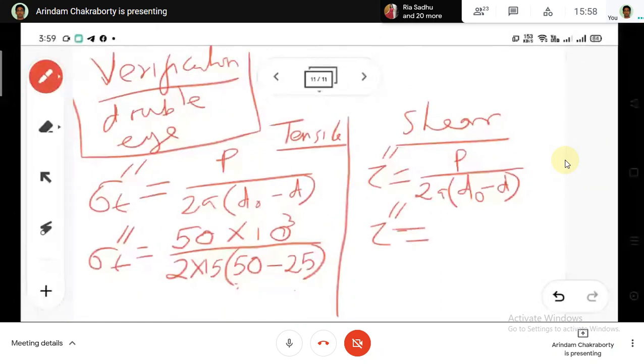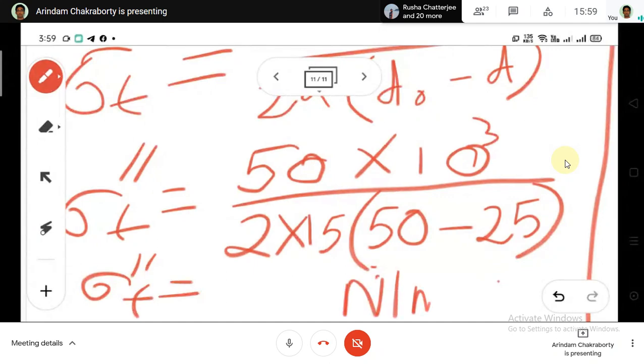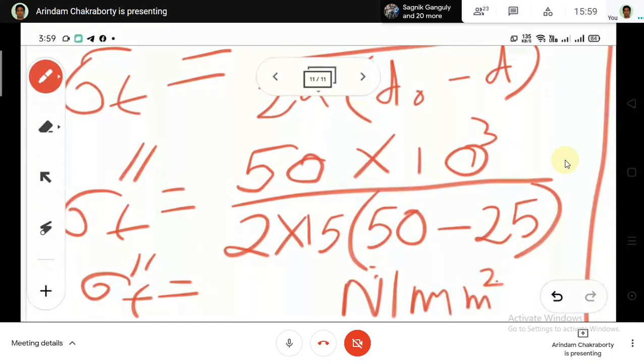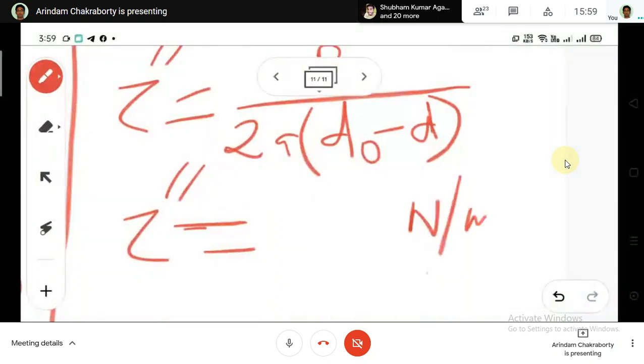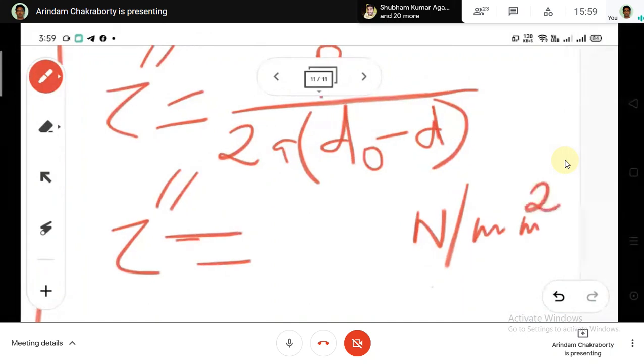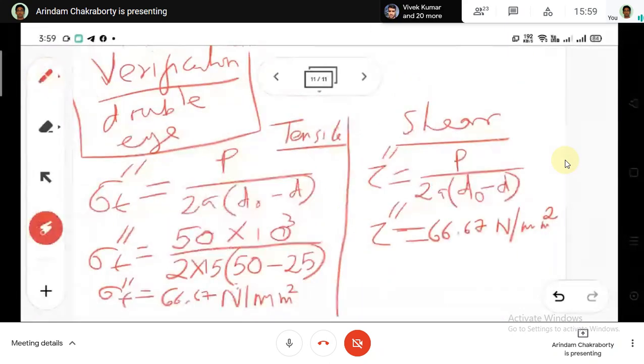So let us get the value. কত আসে বলো, how much will sigma double dash T be? In Newton per millimeter square, 66.67. কত? 66.67. Now as you can see, both the values are less than the allowable stress.